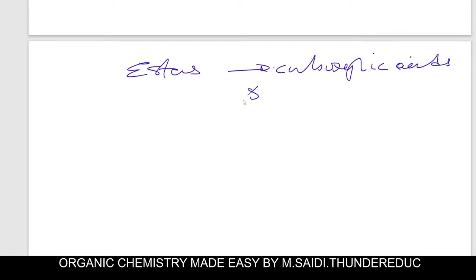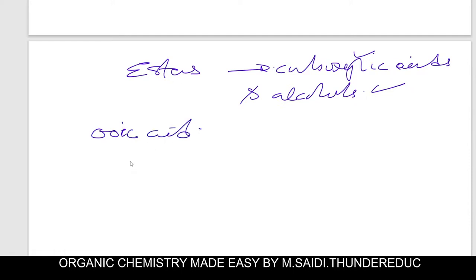Esters are derived from carboxylic acids and alcohols. So we have seen the alcohols, but we have not seen the carboxylic acids yet. Carboxylic acids end with oic acid.